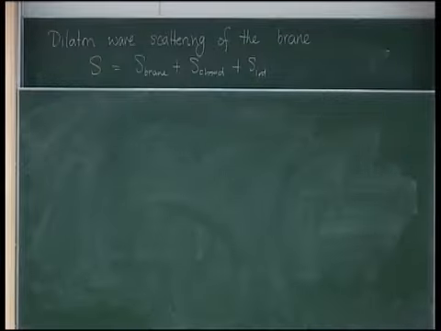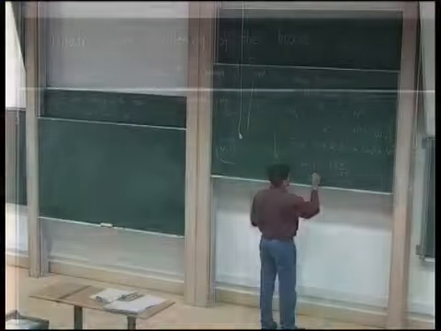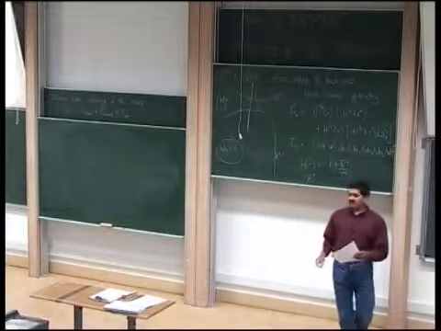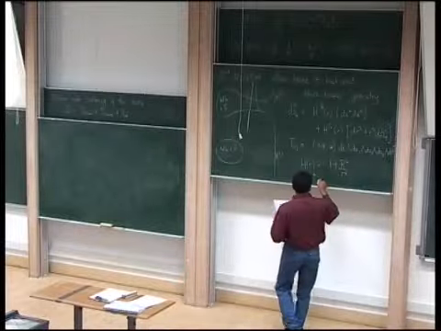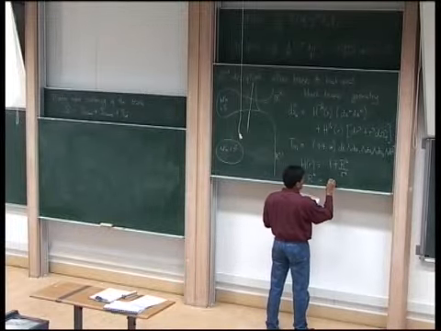Sorry, I was going to say one thing before I moved out of here. I have to give you what this rather strange quantity R that showed up here is. It is just related to the number of D3 branes.